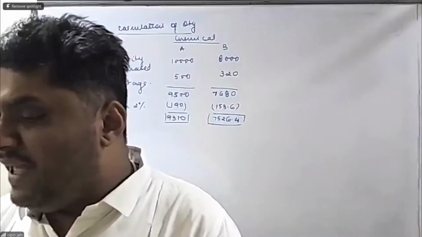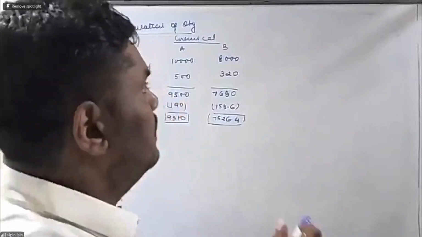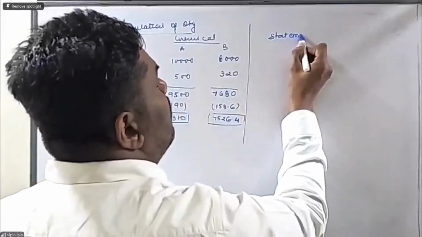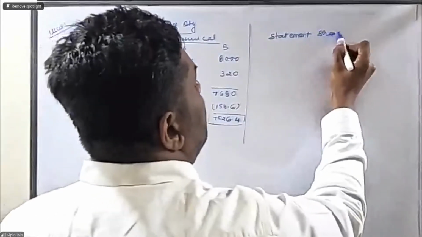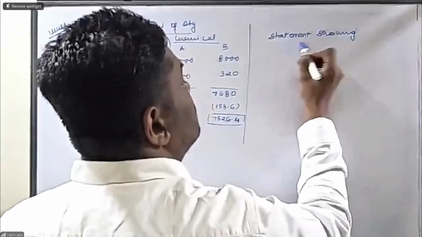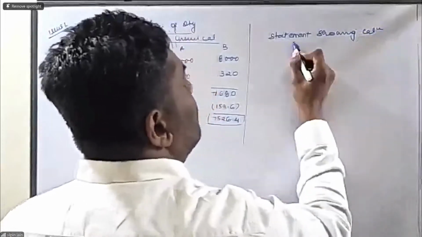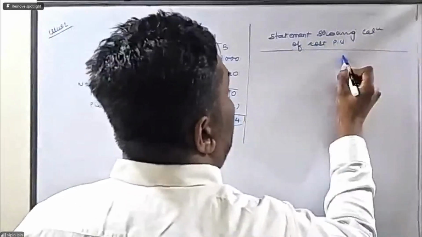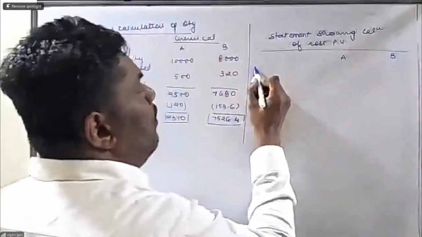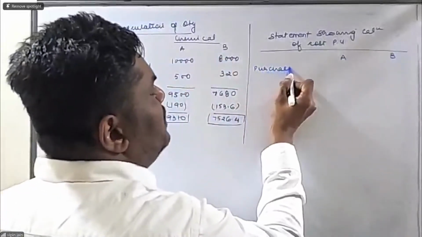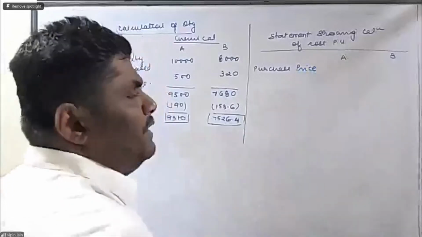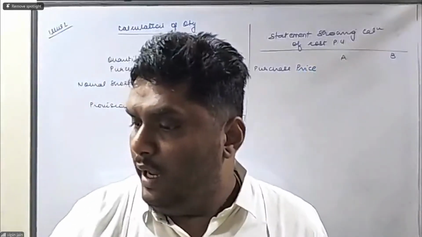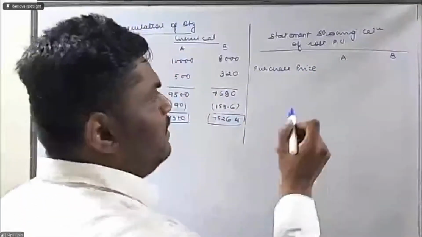Now, when talking about the value, and the calculation of cost per unit, the total amount paid for 10,000 kgs at the rate of 10 rupees will be 1 lakh.